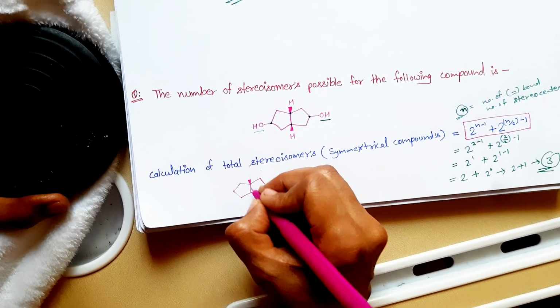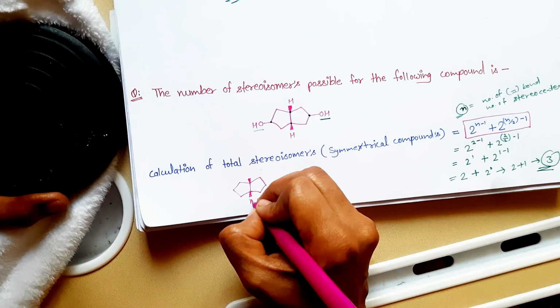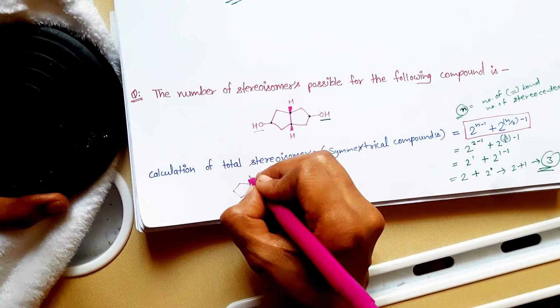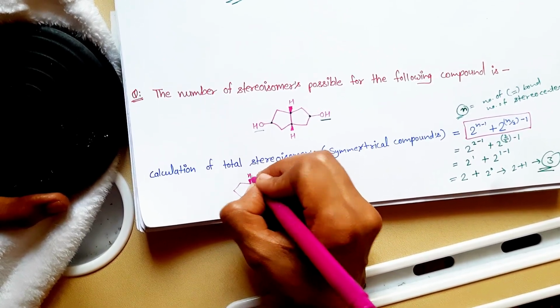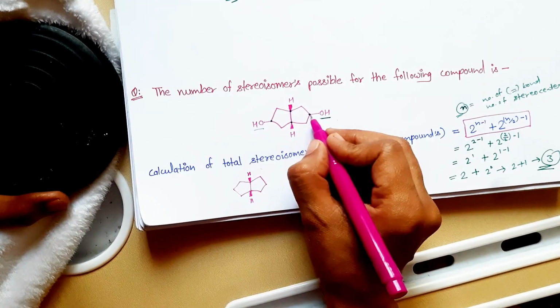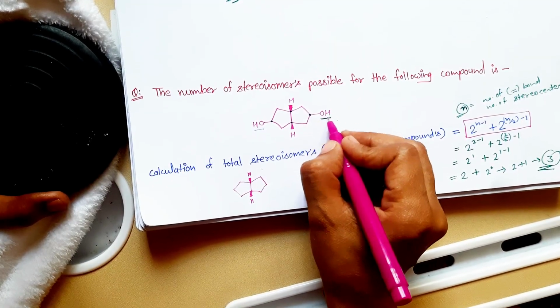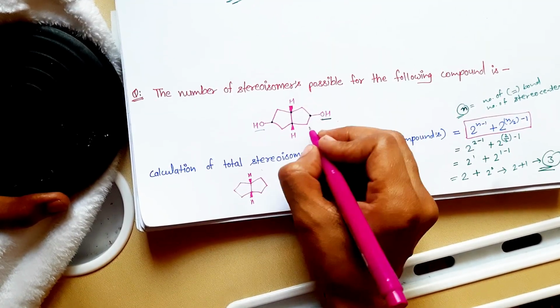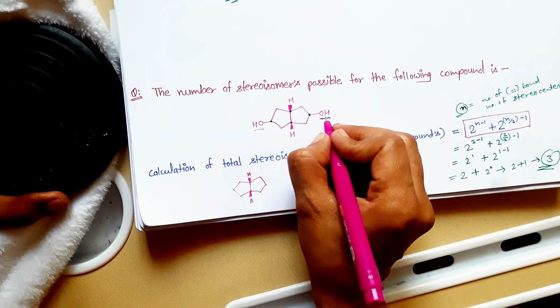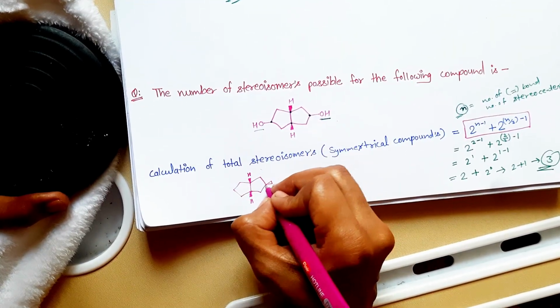They are giving these two hydrogens on the wedge position, so we do not change the stereo of these hydrogen atoms; we can change the stereo of the hydroxyl groups only. So first we take these two hydroxyl groups on the wedge position.